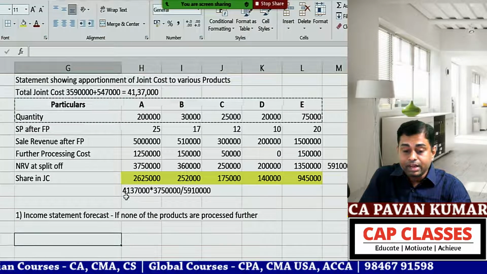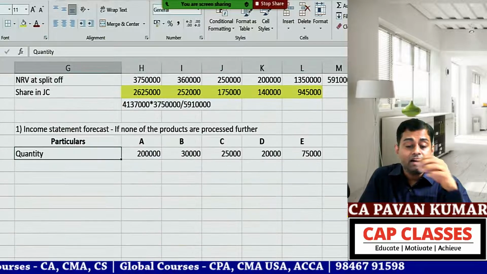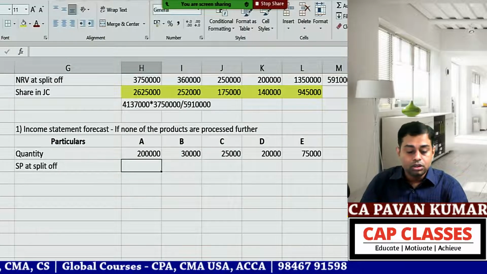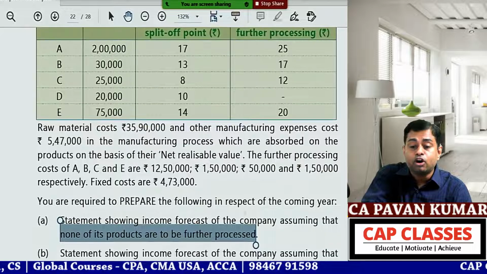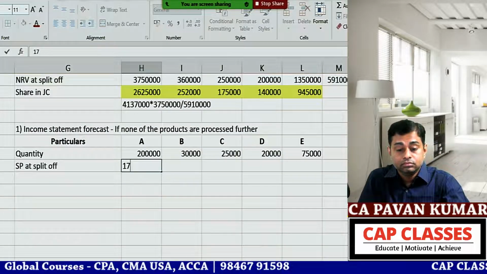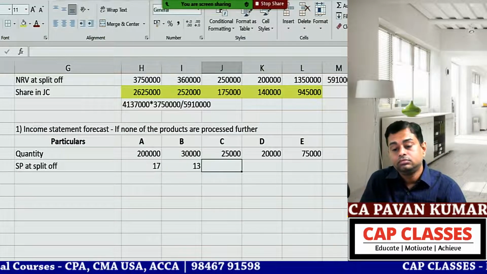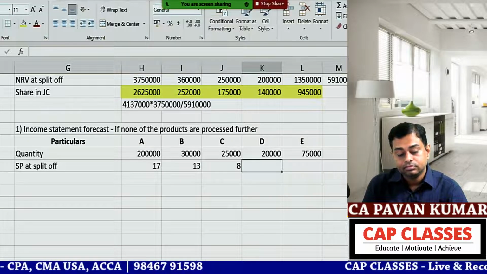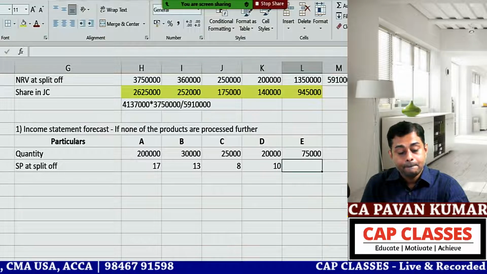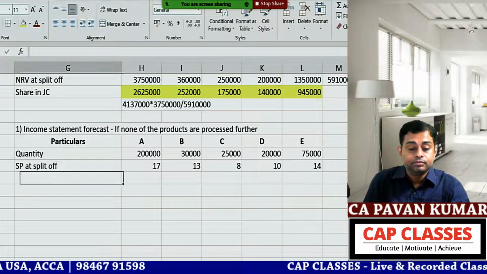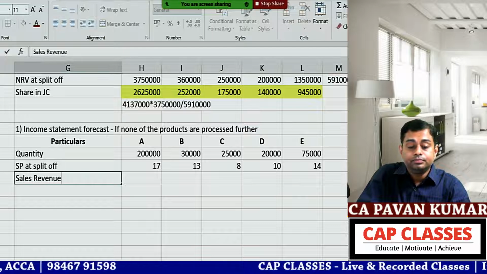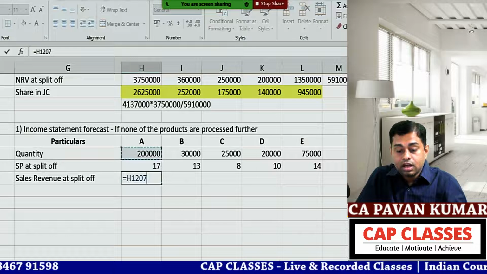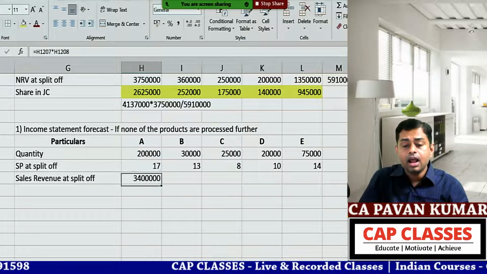Okay, now I am taking the same pro forma quantity I have taken. Now selling price at split off. Ramya, can you tell me the selling price at split off, how much? 17, 17, 13, 8, 8, 10, 10, 14. So tell me the sales revenue. 34 lakhs.